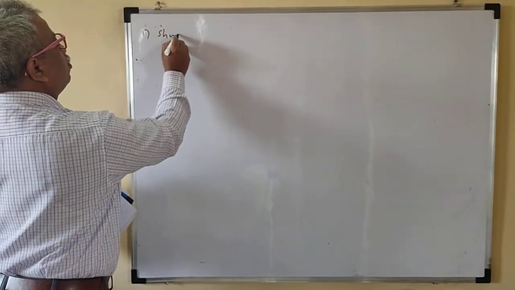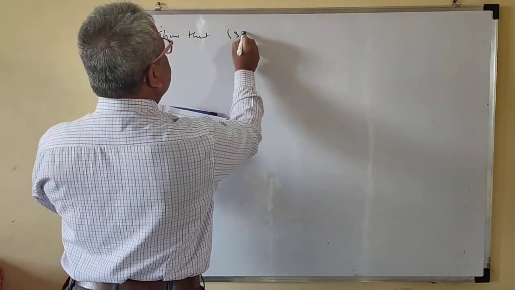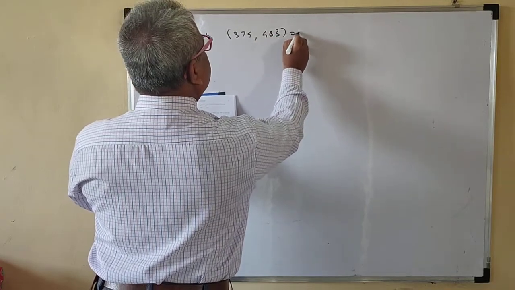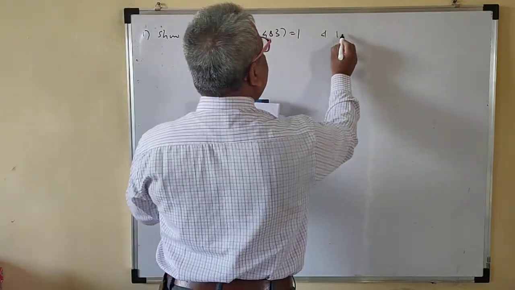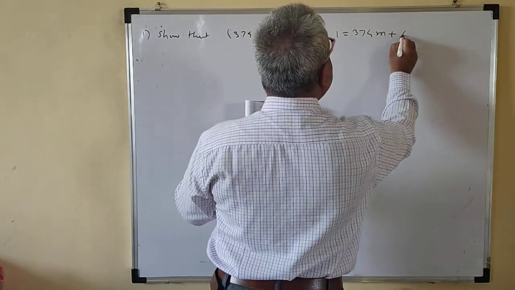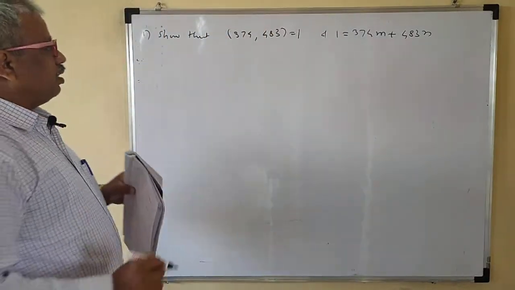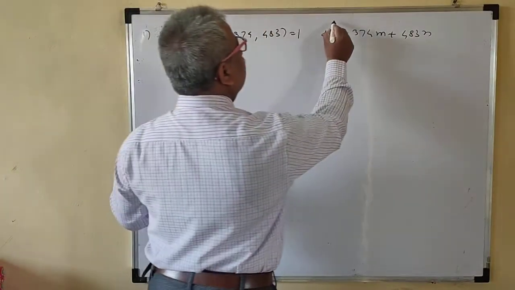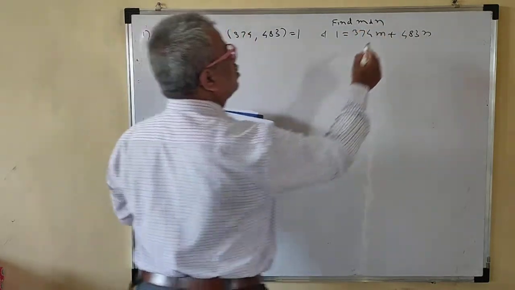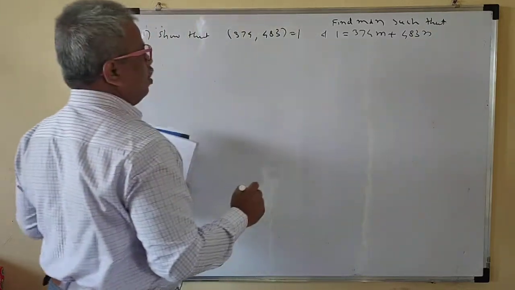Show that 374, 483 is equal to 1, and find m and n such that 374m plus 483n. Find m and n such that 1 is equal to this.